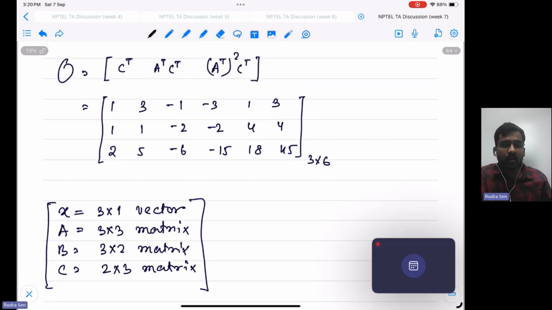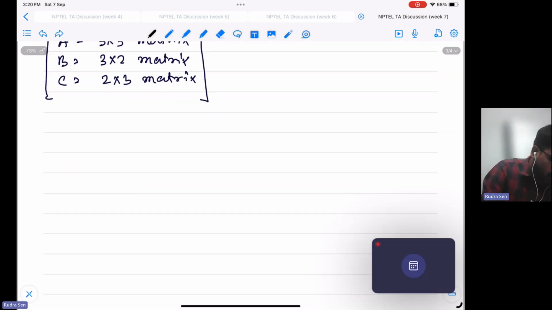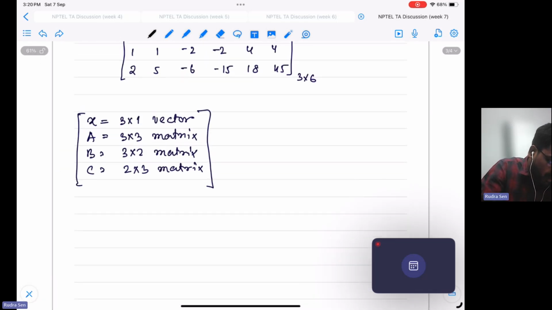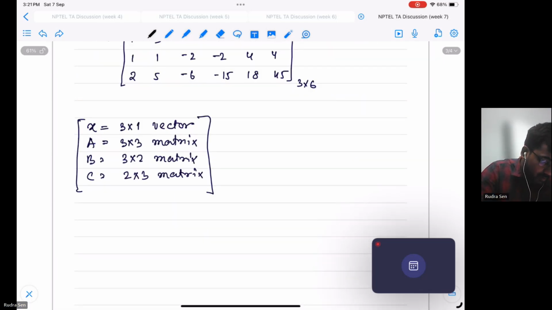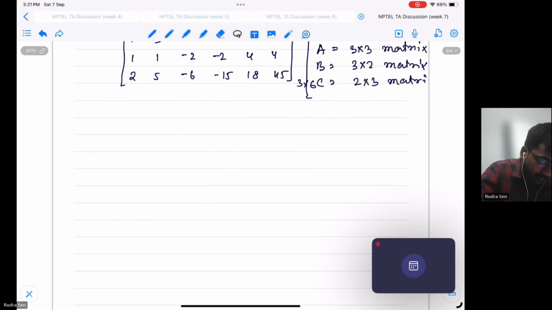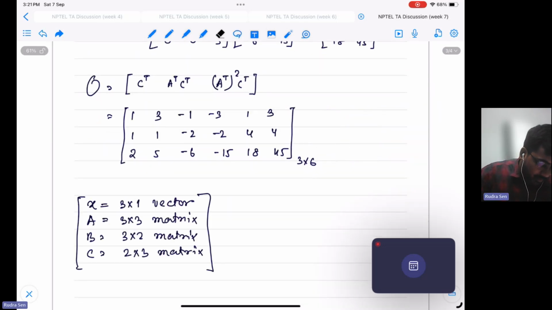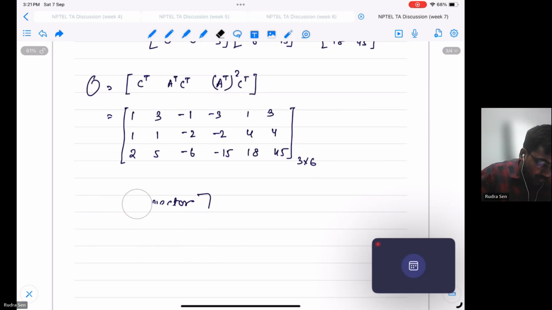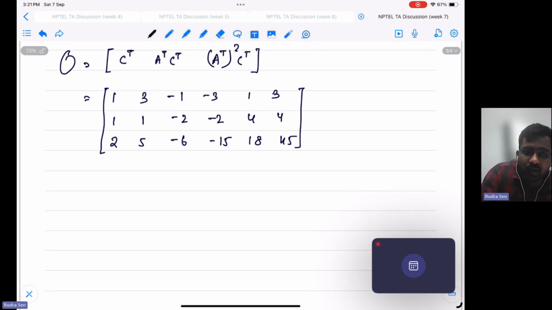So how will we check the rank of this system? We have to do the row elimination method. Okay. So in the row elimination method, what should we do?